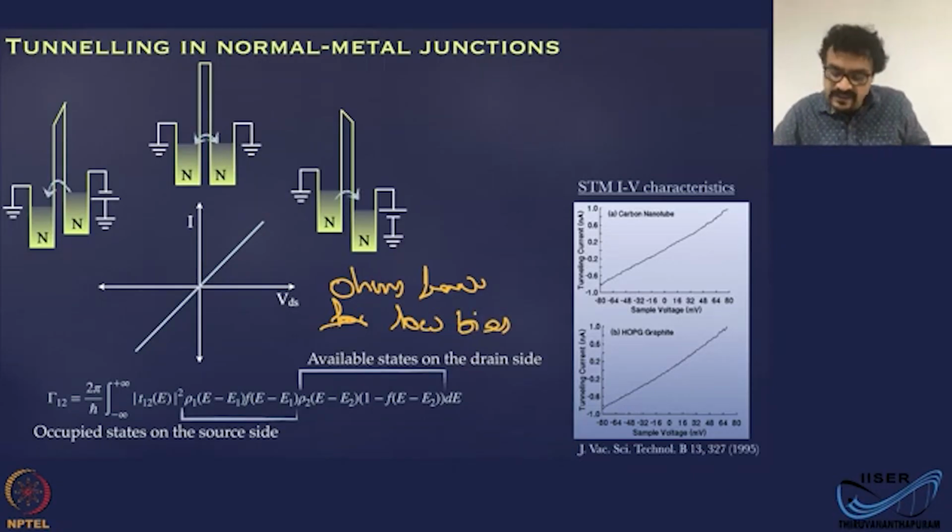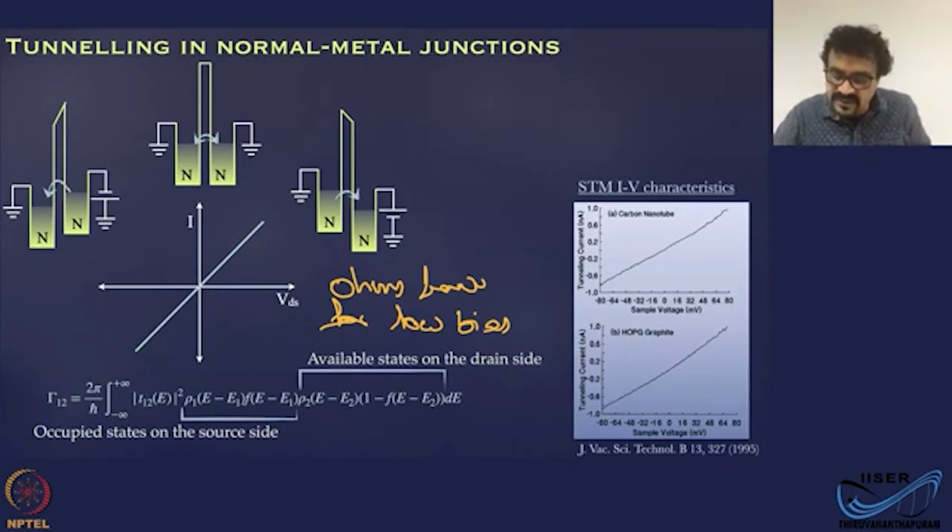And that's what you are seeing here in this experiment, described in this paper, where you have an STM tip on a carbon nanotube, which is metallic. What you are seeing is that the current voltage characteristic is nearly linear in the range of small applied bias. In the same paper, they also did a similar experiment on HOPG graphite.